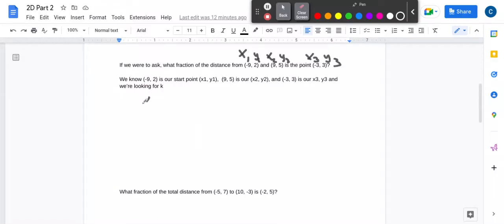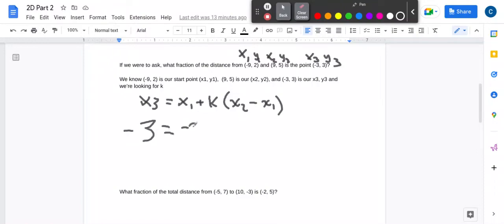So remember the formula, x3 equals x1 plus k times x2 minus x1. Same formula we saw in the 2D notes. All right. So to give us our x3, which is our point in the middle, which is -3, our x1 is -9.